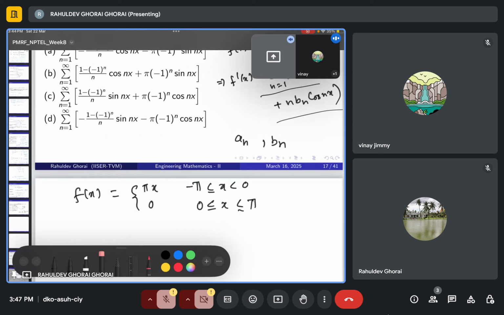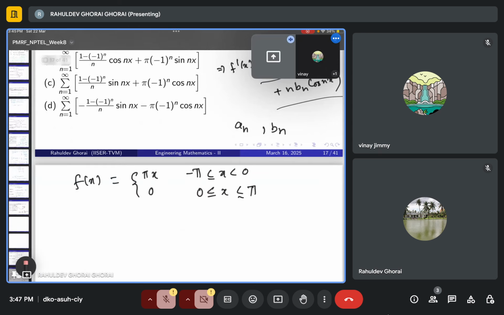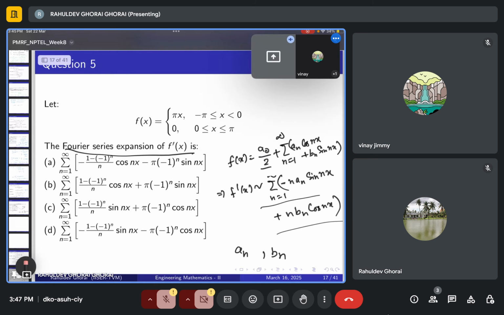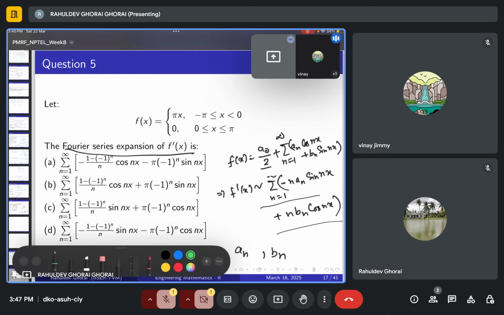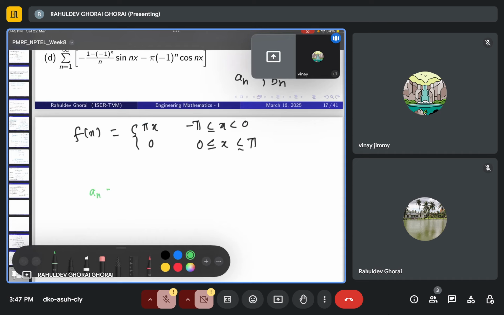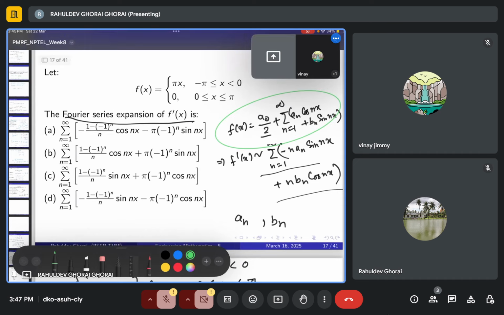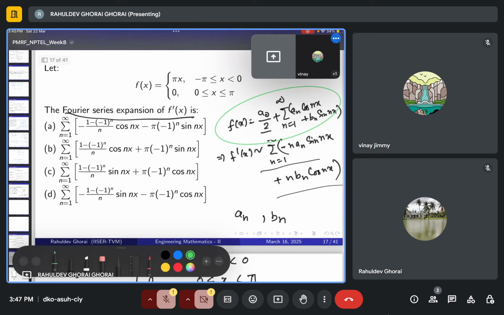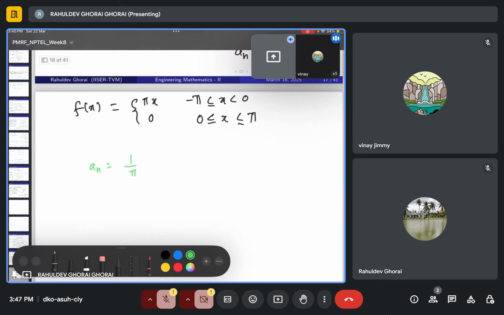So if you write f(x) in this series form, an will be 1 over pi times the integral of f(x) cos nx from minus pi to pi, correct.